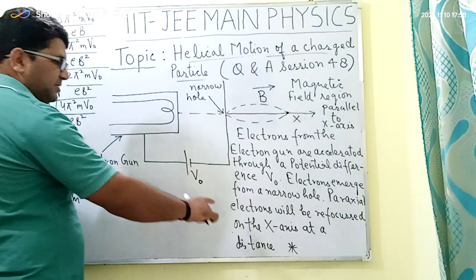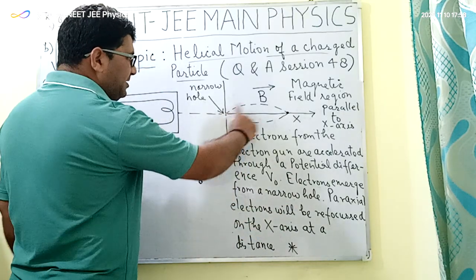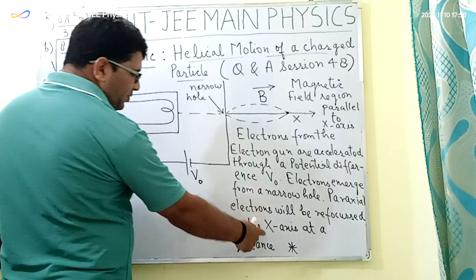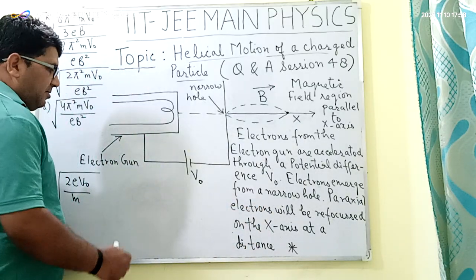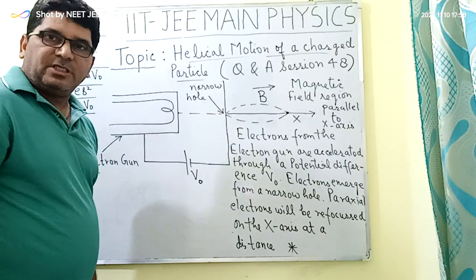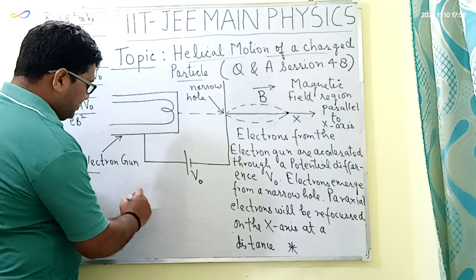So here the paraxial electrons will follow a helical path, and they will get refocused on the x-axis after traveling a distance equal to the pitch.